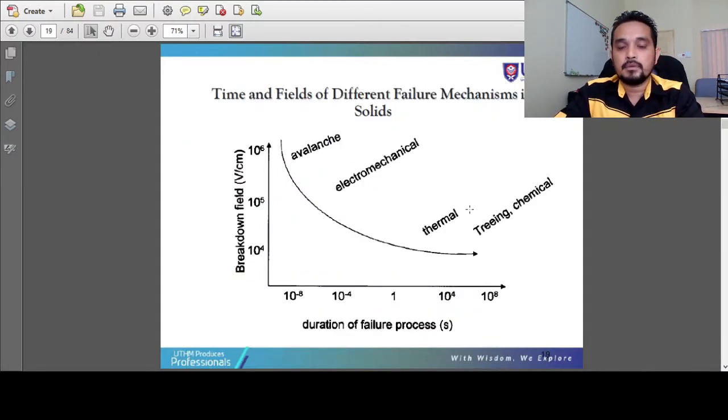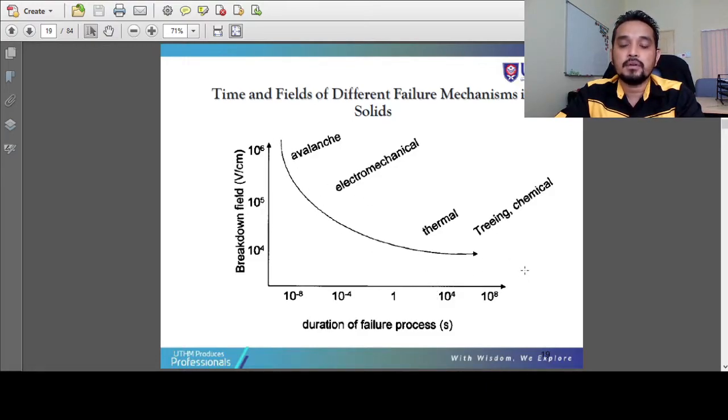Next, we can plot the different failure mechanisms in solids as breakdown field as a function of time, the duration of the process. What is meant by this graph?